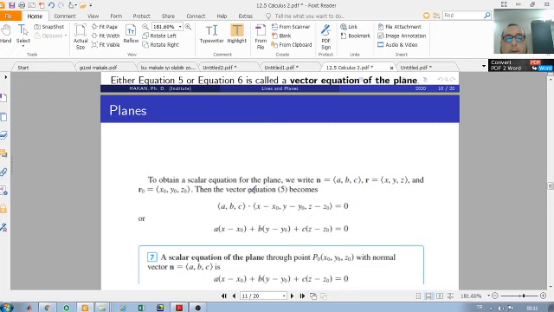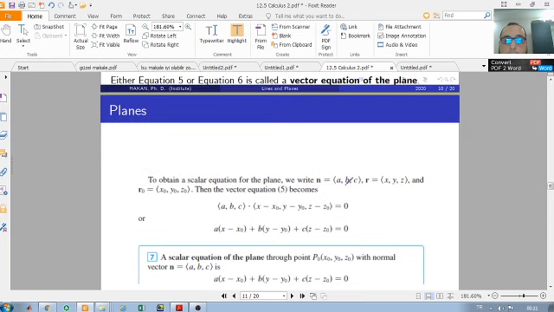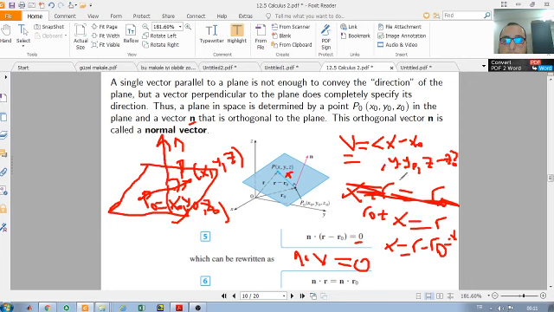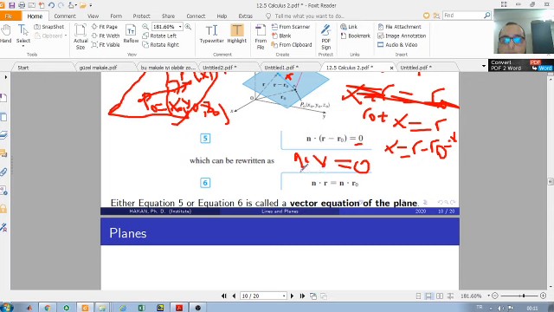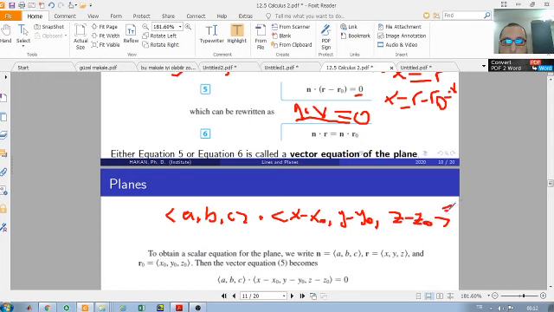To obtain a scalar equation for the plane, we write the components of the normal vector, a, b, and c, and the components of the vector on the plane, x minus x0, y minus y0, and z minus z0. Their inner product is equal to 0.